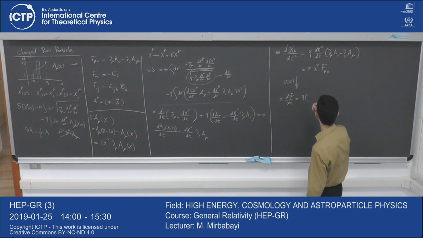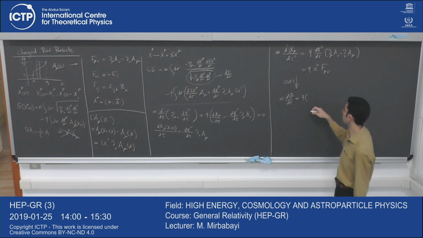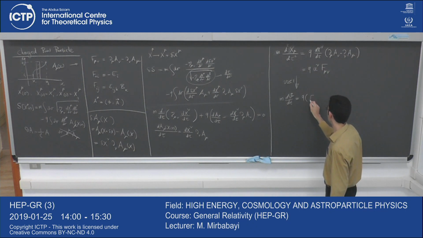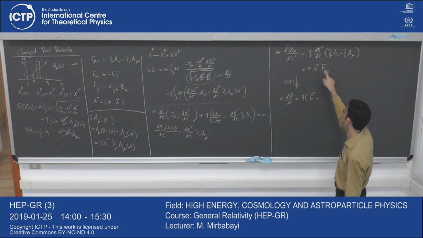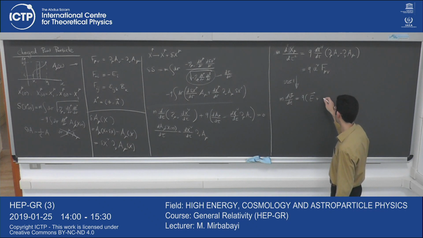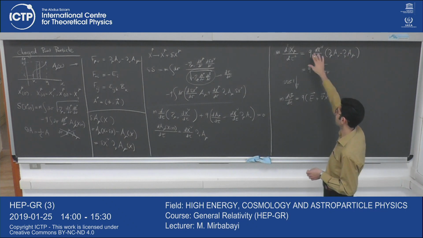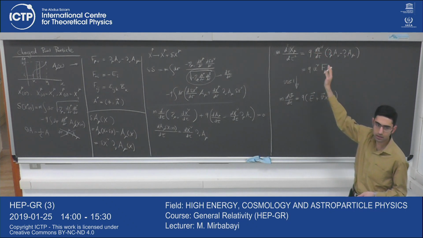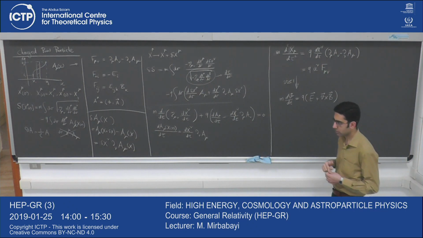On the right hand side, from the zeroth component of this u, I will get the electric field, so there will be E. And then from the i component, when mu is i, I will get the magnetic force, v cross B. Of course, this equation is relativistic, so you can write the exact relativistic version of the Lorentz force.